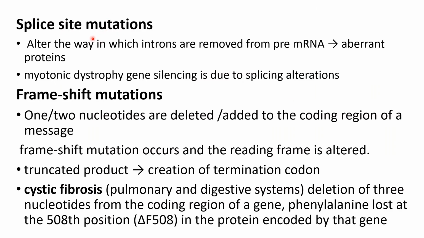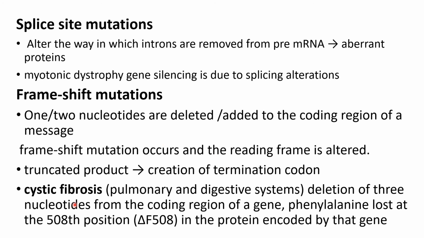Then comes the splice site mutation. If mutation occurs at this site, then it may increase or may decrease the coding region if there is a mutation at the introns level. And frame shift mutation means there is an addition or deletion of one or two nucleotides, which also changes the reading frame.